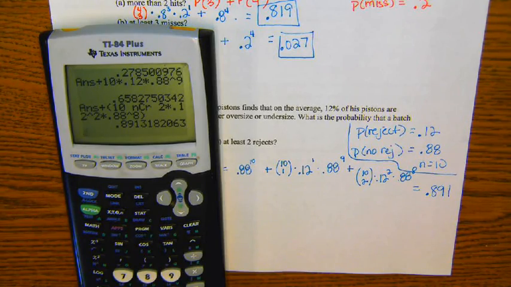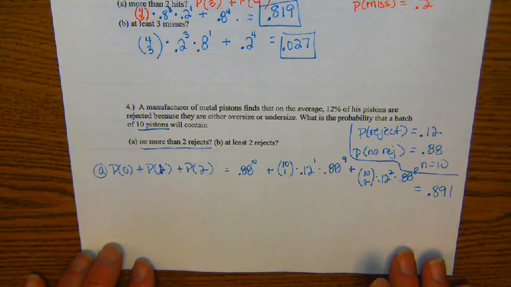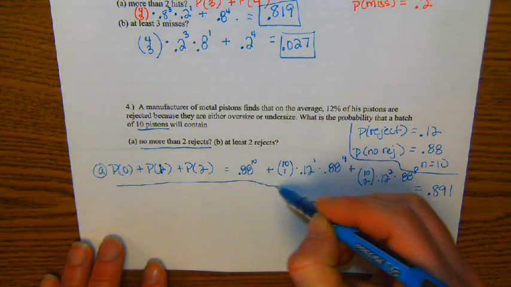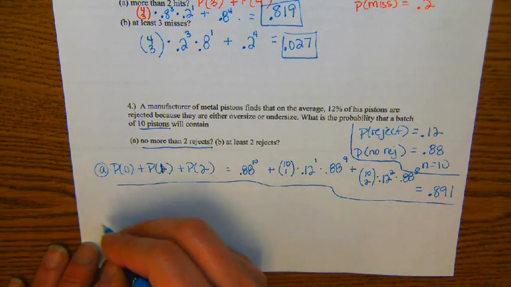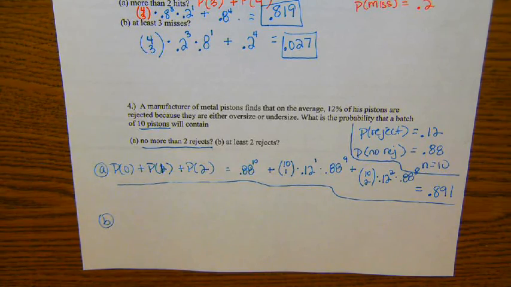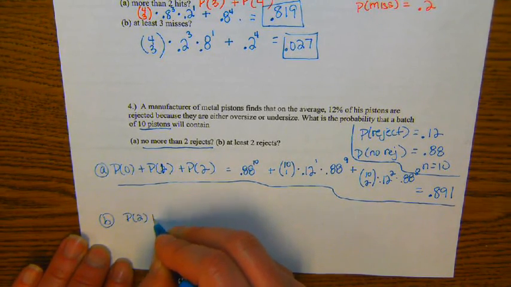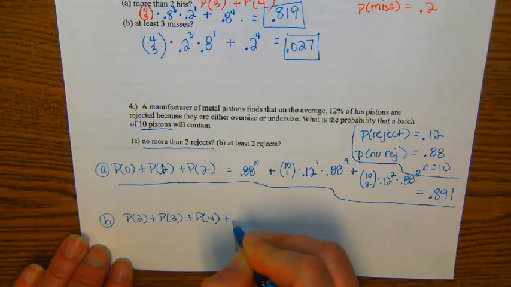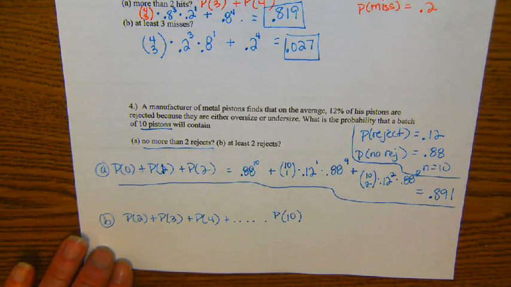Okay. Questions so far? What's this question asking? At least 2 rejects. That would be the probability of 2 plus the probability of 3 plus the probability of 4 plus all the way up to what? Probability of 10.